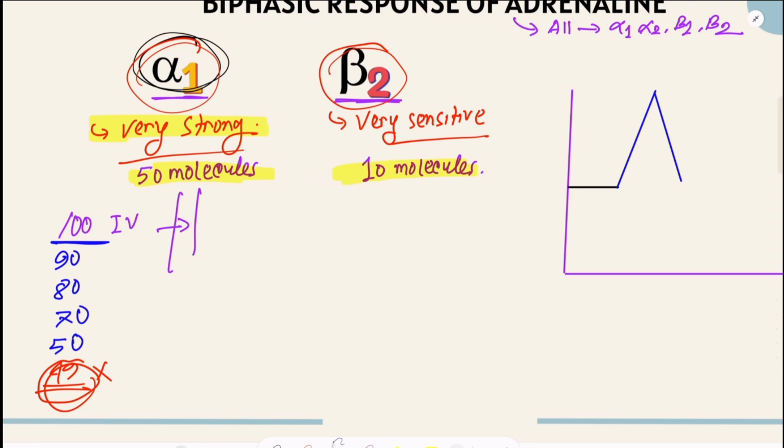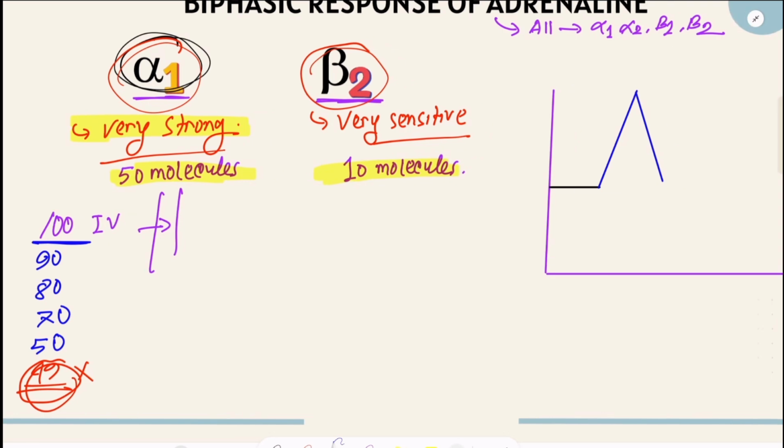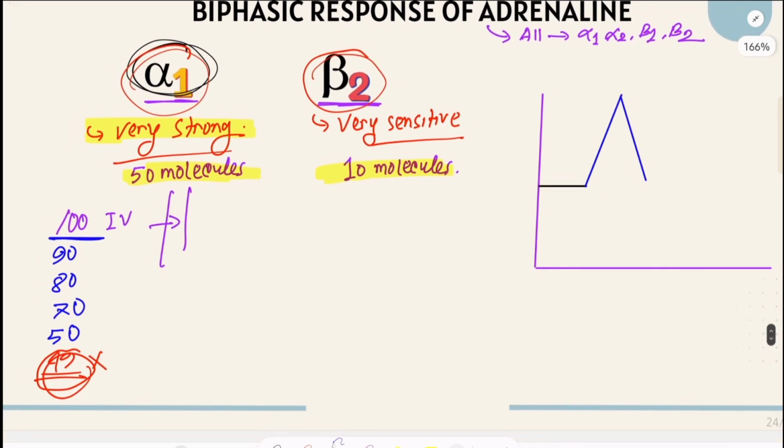So when adrenaline acts on the beta 2 receptor, what will happen? As we know that B stands for D, beta 2 stimulation will cause dilation of blood vessels. And when the blood vessel is dilated, it will lead to a decrease in blood pressure, that means hypotension.